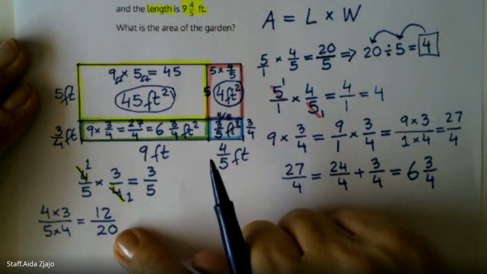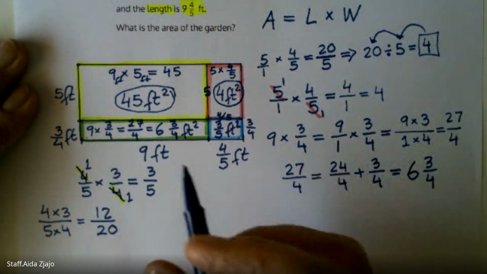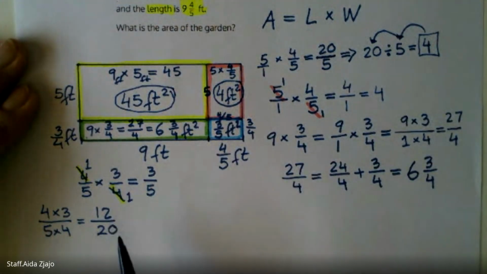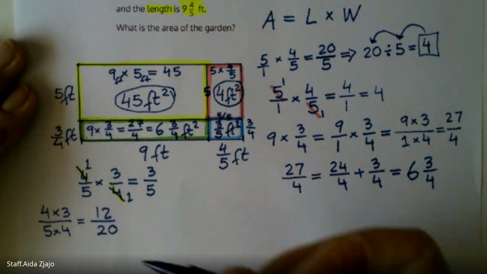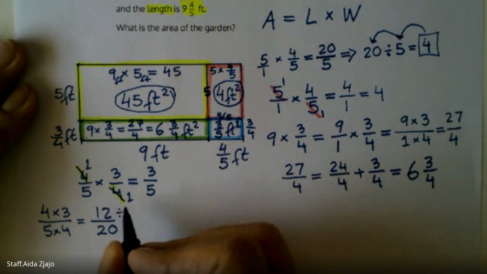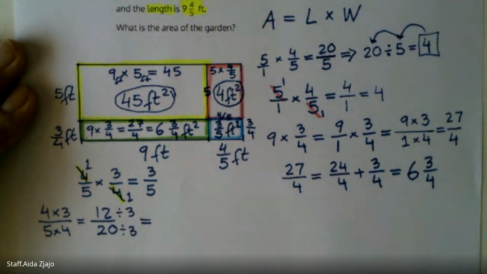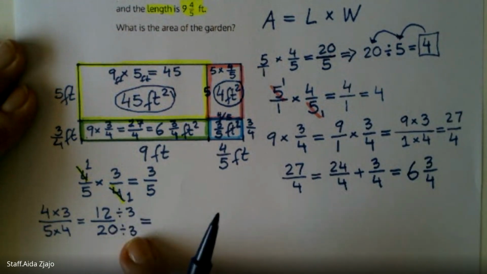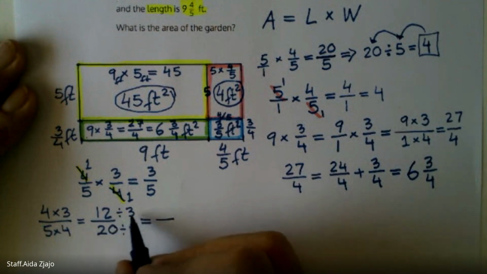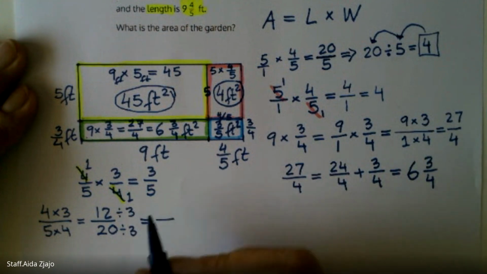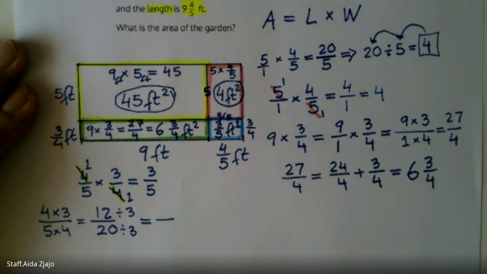If I'm looking for the greatest common factor for them, I can skip count. I know if I divide by 3, they both can be divisible by 3, so I can reduce this fraction: 12 divided by 3 is 4. And then, oh, I cannot do 20.